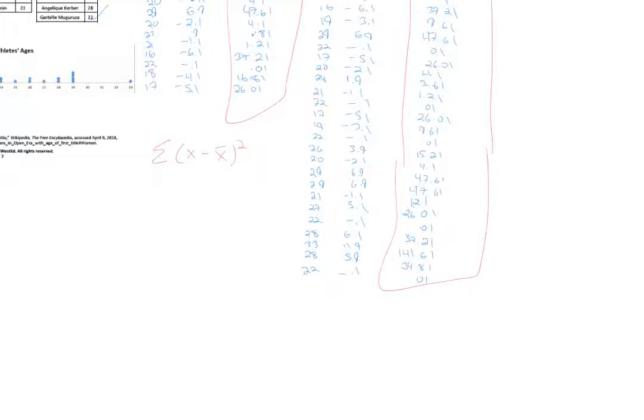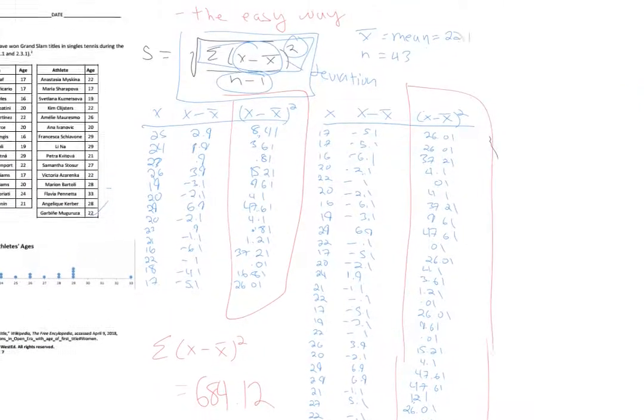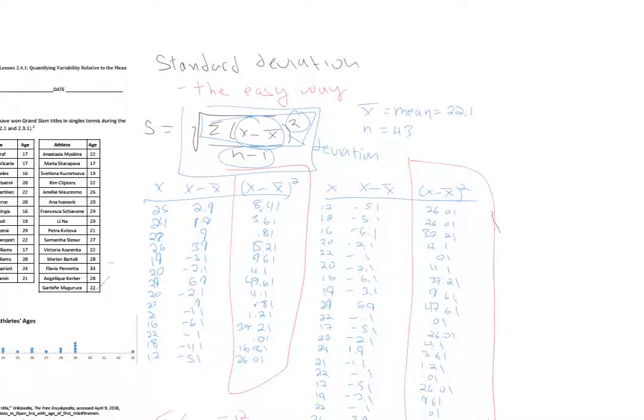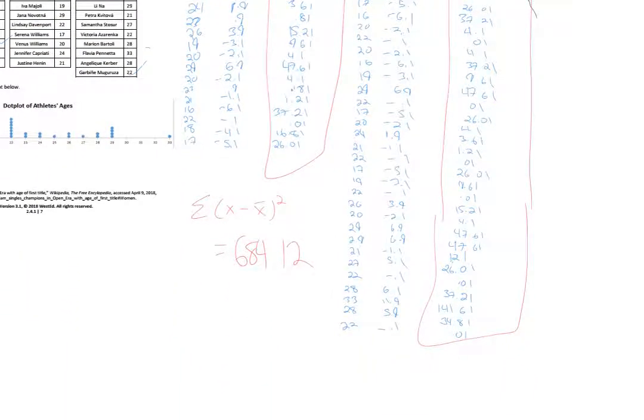684.12. Now, if we recall the formula for standard deviation, we have to take this sum and divide by n minus 1 and then take the square root. That's all we have to do. So we take 684.12, divide by n minus 1, which is 43 minus 1, or 42, and take the square root.